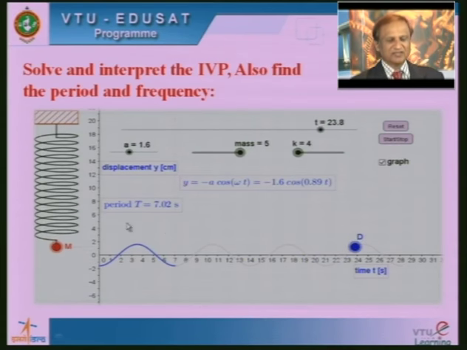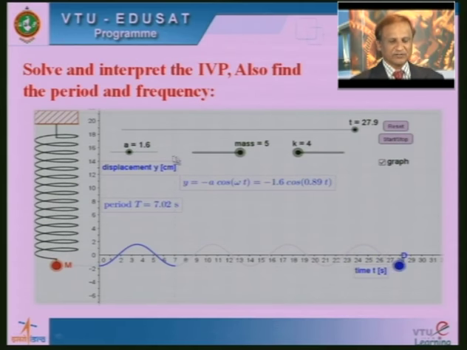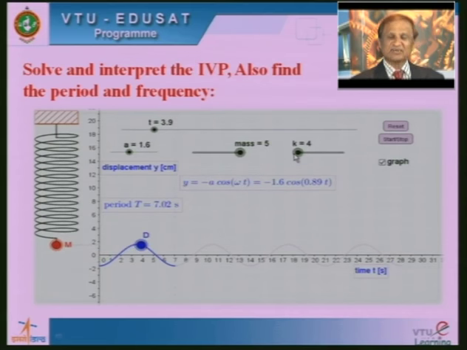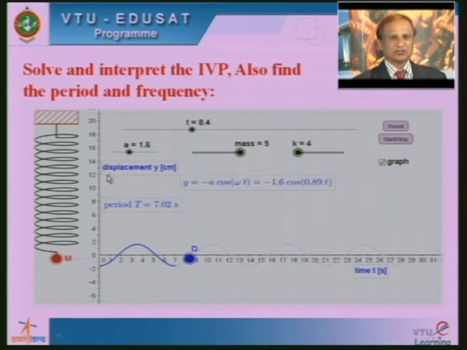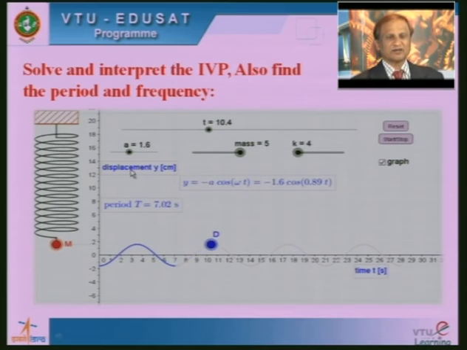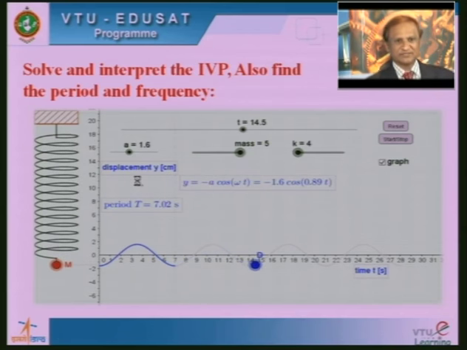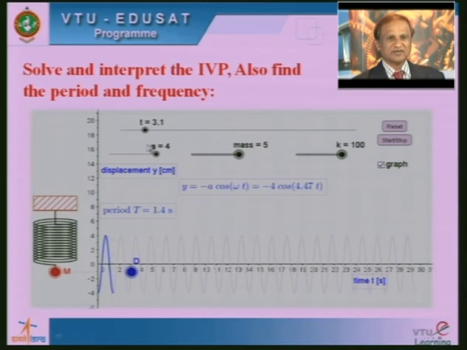In exactly the similar way, we can change the amplitude, the mass, and the spring constant. By changing these parameters, we can observe the graph, the frequency, the displacement, etc. I have now changed the frequency.